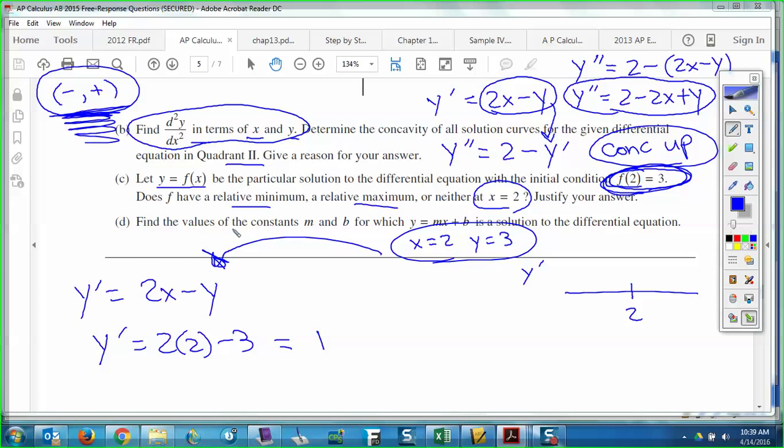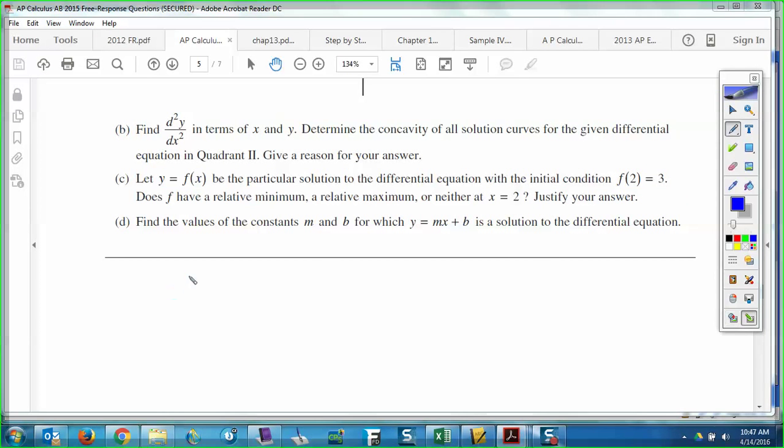Find the values of m and b for which y equals mx plus b is a solution to that differential equation. So again, what did we just say? We said solution to this differential equation, we're going to plug in mx for y. Let's think about this a minute now. Are we still using this point here?